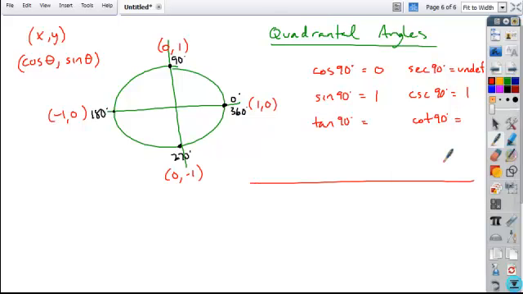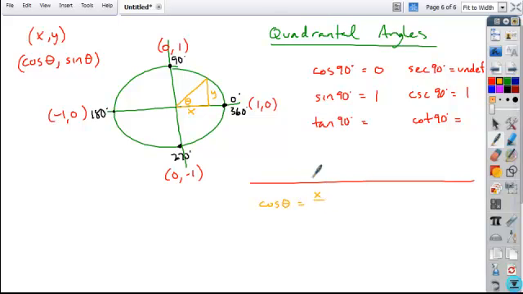Okay, now, in order to find those, let's take a look a little bit at the unit circle here. If we come back and look at this reference, in this particular angle right here, theta, if I'm looking at the cosine of theta, the cosine is adjacent.